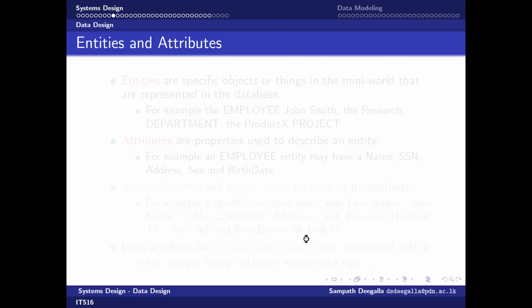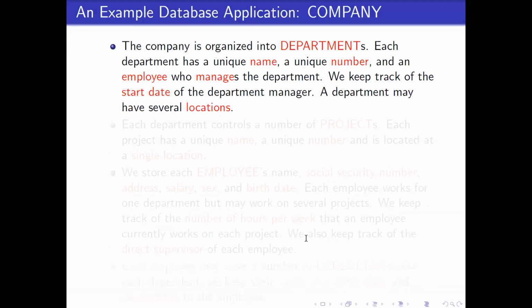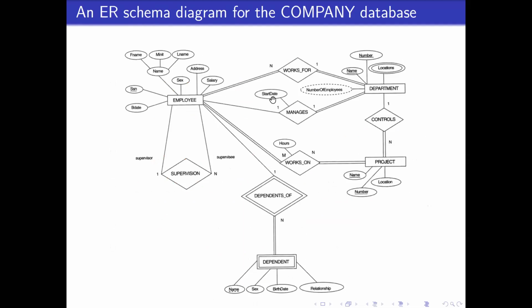So if you go back to our ER model, here we see normal regular attributes. Then we have key attributes. So these are key attributes. Here we have multiple key attributes. And this is a multi-valued attribute here, double ovals.